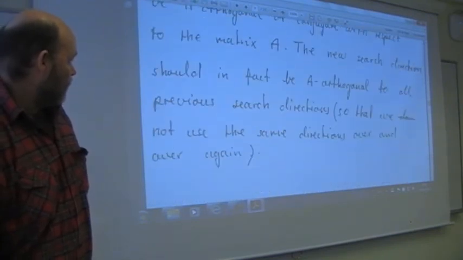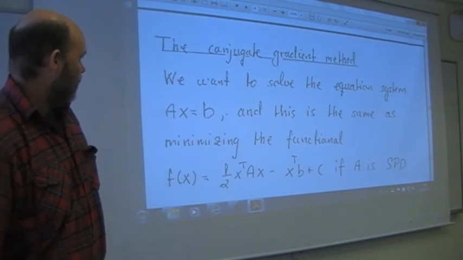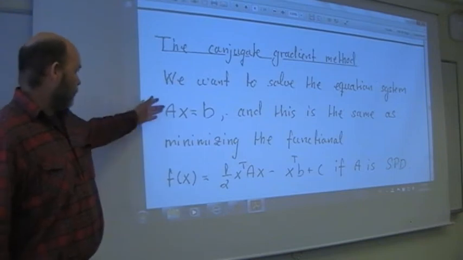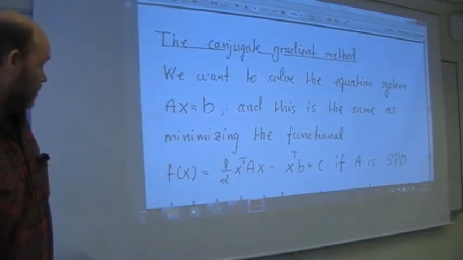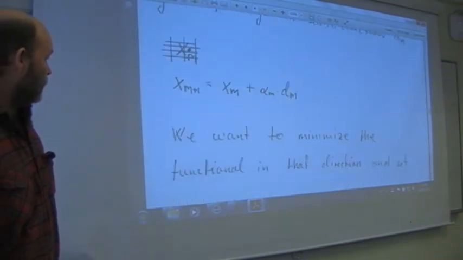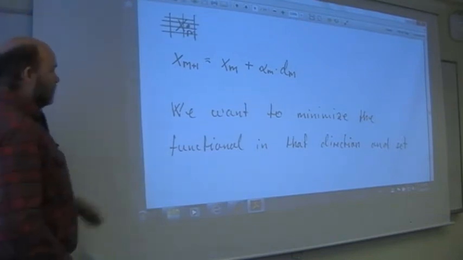So now the calculation will be a little bit more tricky. The philosophy behind it is of course the same: to solve this one, minimize the corresponding functional. So we start with the first step. That will be a steepest descent step.